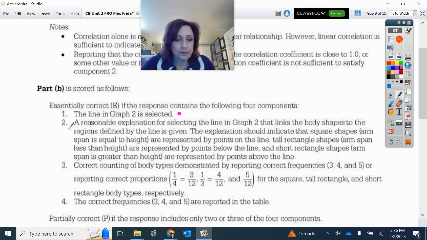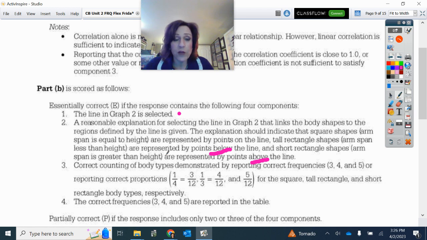And then you had to have a reasonable explanation. You did not have to include all 3, but you had to include 2 of those statements I made: that any data on the line is considered a square shape because the arm span is equal to the height, that the ones below the line were the tall rectangles, where the arm span is less than the height, and that the short rectangles were the ones greater, so they were above the line.